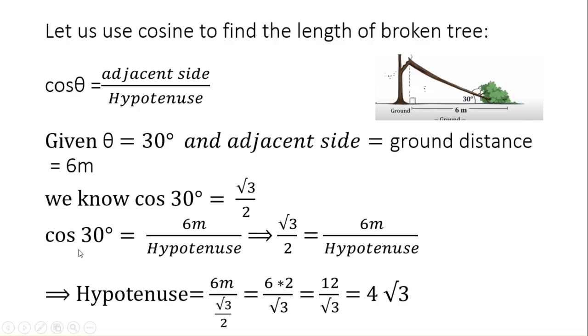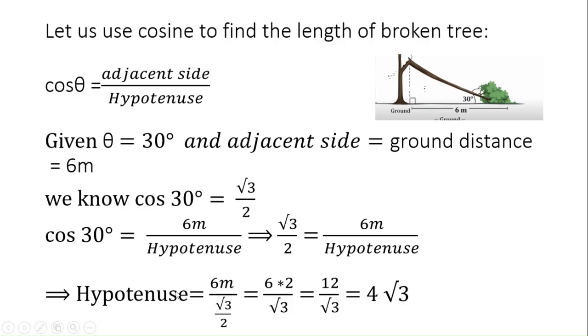So we substitute the values in cos theta equals adjacent side by hypotenuse: cos 30 is 6 meters by hypotenuse. So root 3 by 2 is equal to 6 meters by hypotenuse. We need to find out the hypotenuse, which is nothing but the length of the broken part of the tree. That should be there in our mind.